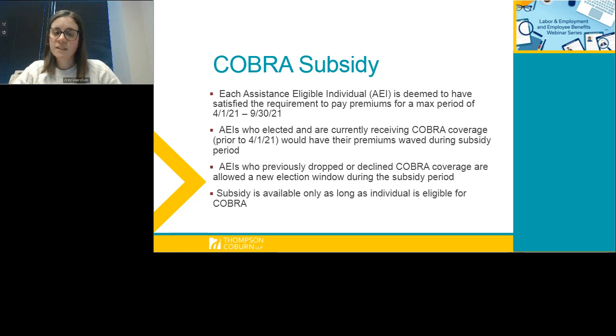Those who previously dropped or declined COBRA coverage were then offered a new election window during the subsidy period to receive the subsidized COBRA coverage. The subsidy remained in place only as long as the individual is eligible for COBRA. So if they were eligible beginning April 1, but it expired for them in July, then the subsidy expired in July.